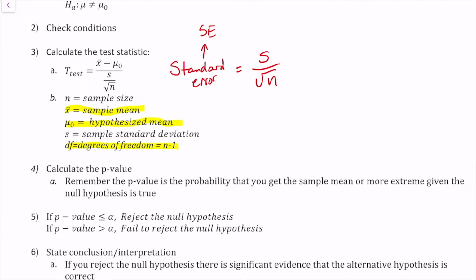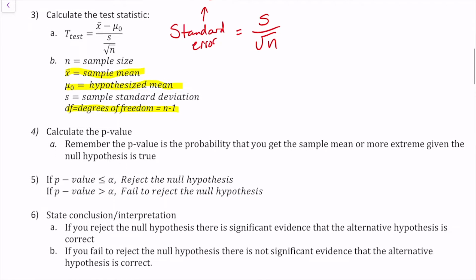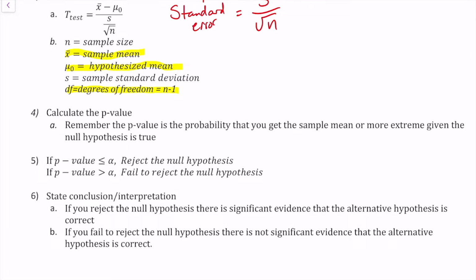Once we have our test statistic, we're then able to calculate the p-value. Just a little reminder, the p-value is the probability that you get your sample value, in this case the sample mean, or something more extreme, given that the null hypothesis is true. So we're asking, what's the probability that we observe this sample mean, assuming that the null hypothesis is true?